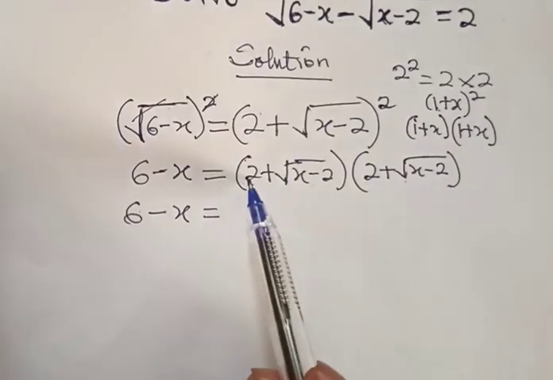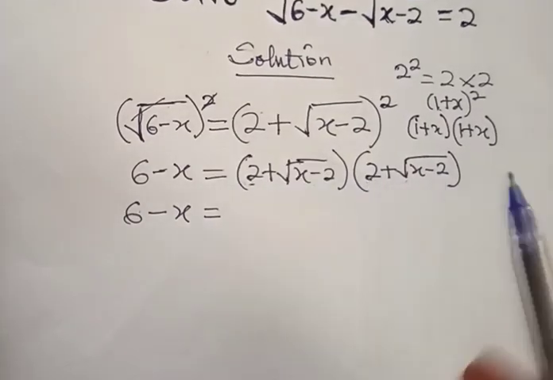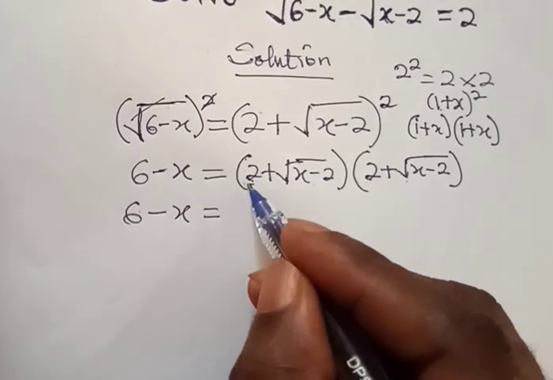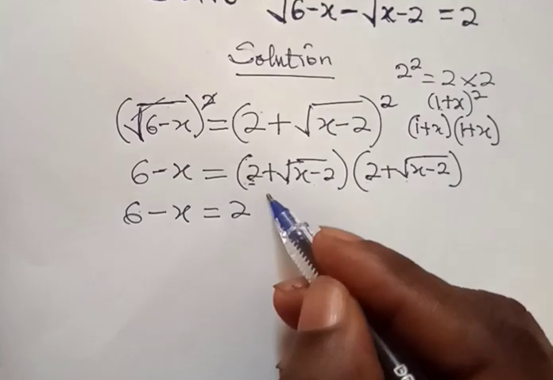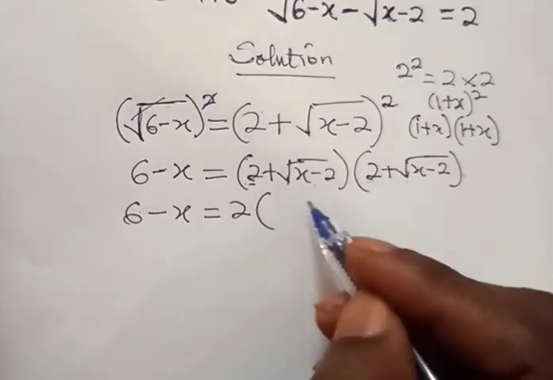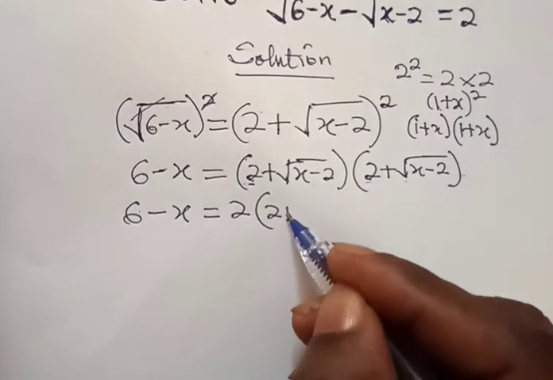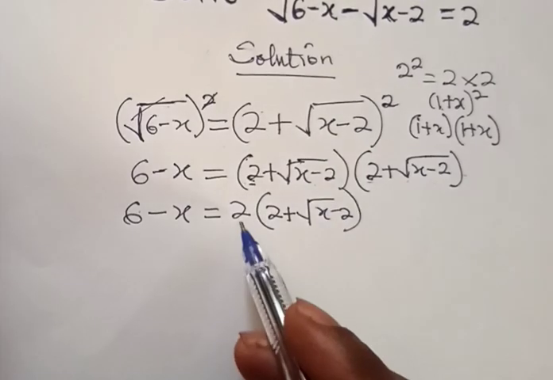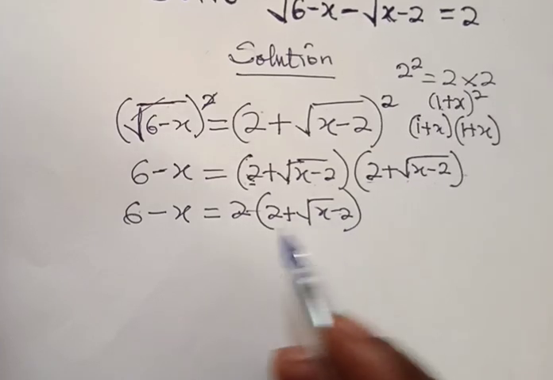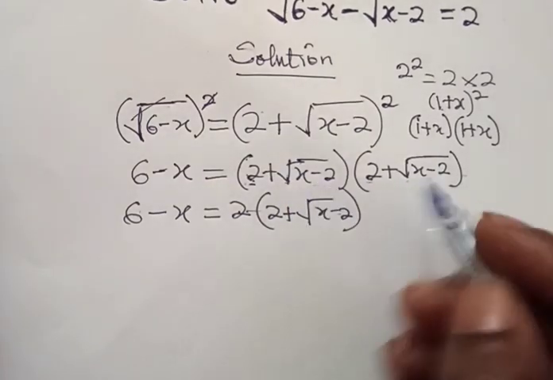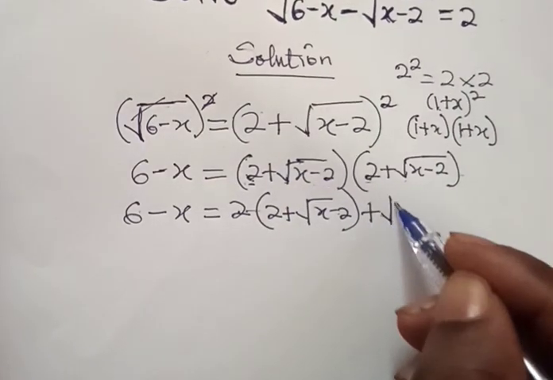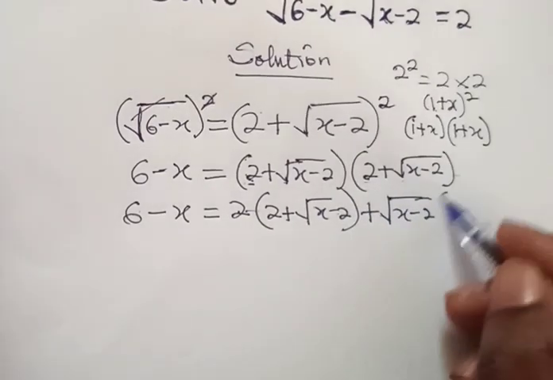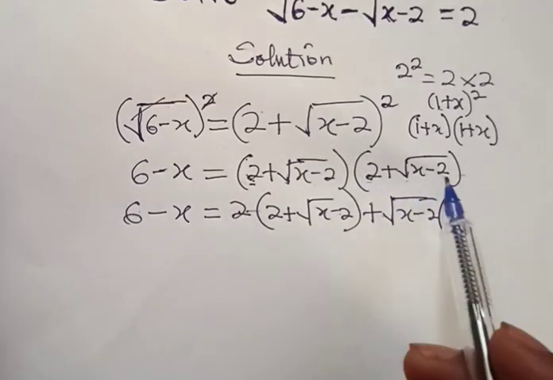So this 2 is going to multiply the entire expression, which is 2 plus square root of x minus 2. That means this 2 is going to multiply the whole of this. Then the square root of x minus 2 is also going to multiply the entire thing.